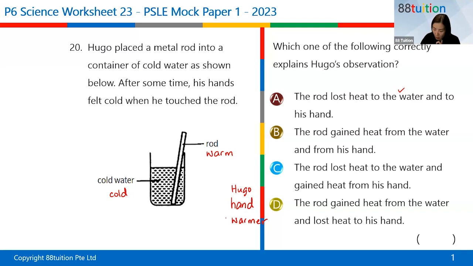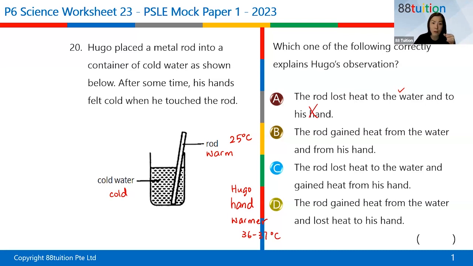Because body temperature is around 36, 37 degrees Celsius, isn't it? And room temperature is always assumed to be 25 degrees Celsius. Even in secondary school, when you are taking your exam, whenever they talk about room temperature, it is always 25 degrees Celsius. And this is 36 to 37. If you don't know, maybe you want to write this down. So this is the part that is wrong. Those of you who put down A, I hope you understand now.